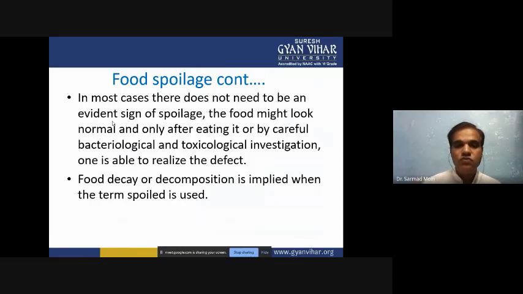So we have to do bacteriological and toxicological investigation to know that the food is spoiled by bacteria. When the food decays and time has passed, say 1 or 2 days, then you will see changes in the food's color, taste and odor. These things you can visualize with your eyes and smell, and you can say that the food is decayed and spoiled.